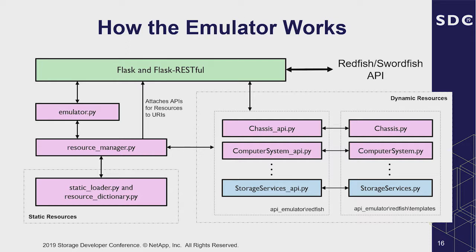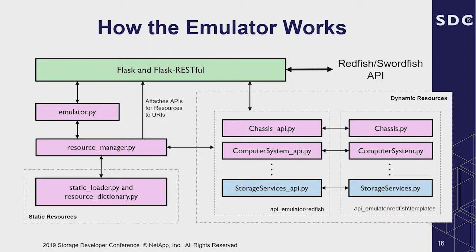In the case of the static resources, as long as Resource Manager knows it's supposed to be there as a static resource, it will race off with a loader, grab all that stuff, and put it into a dictionary kept here. And then the Resource Manager will register the APIs associated with those static resources.